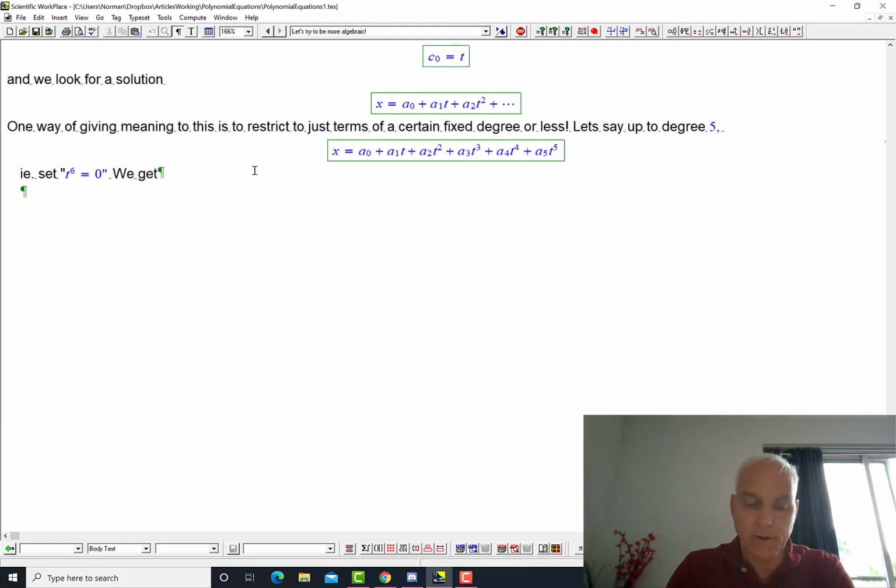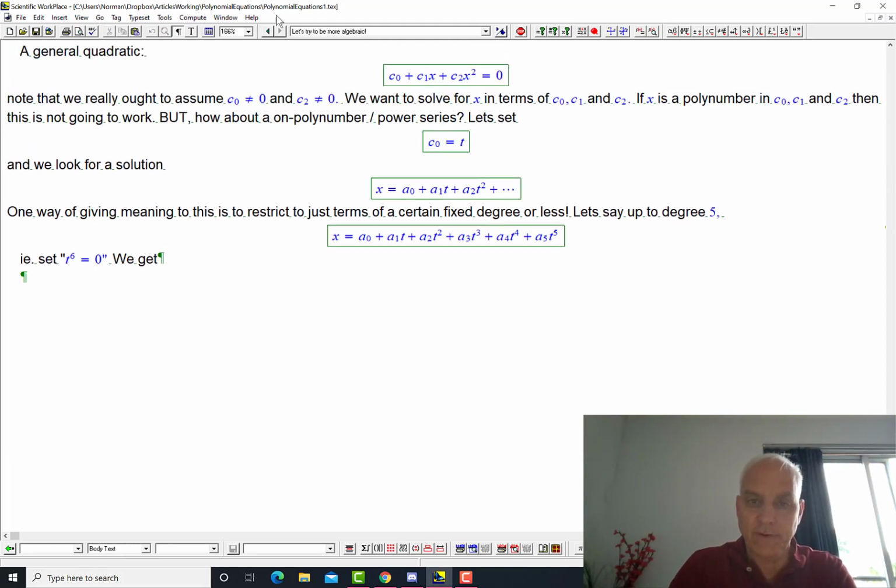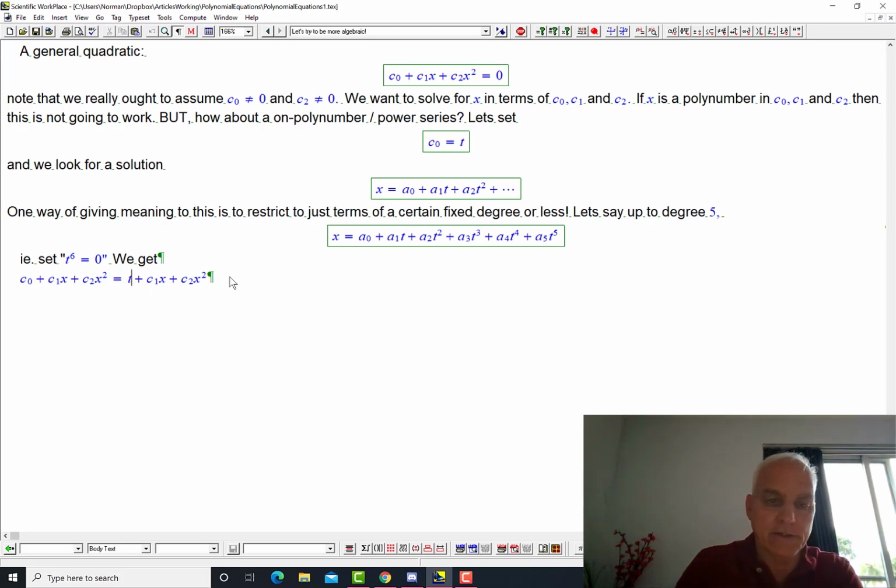Our original expression was c0 plus c1x plus c2x squared. We've already agreed that c0 is going to be replaced with a slightly easier to deal with t, so let me put that t at the beginning. We're going to replace the x with the expression that we have for it. So c sub 1 times x.